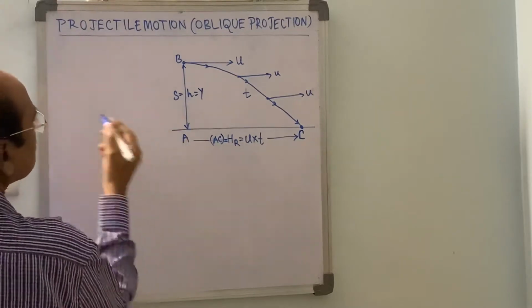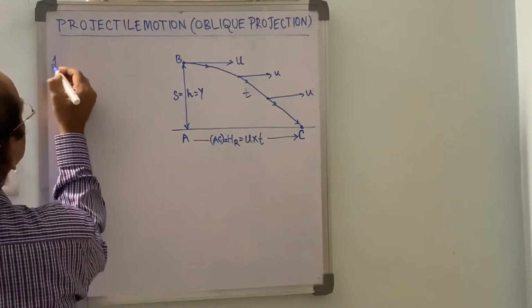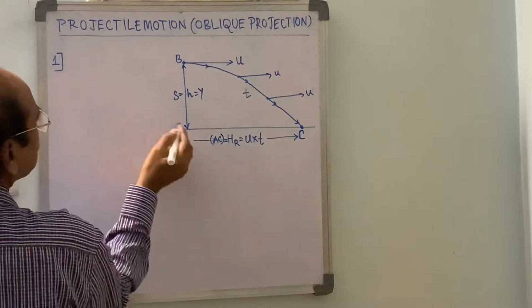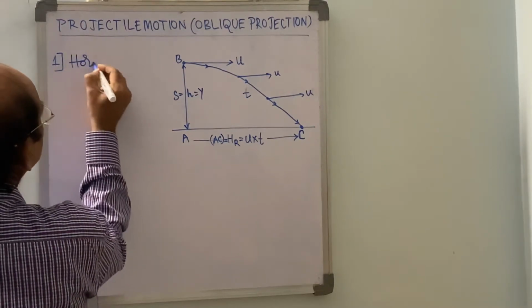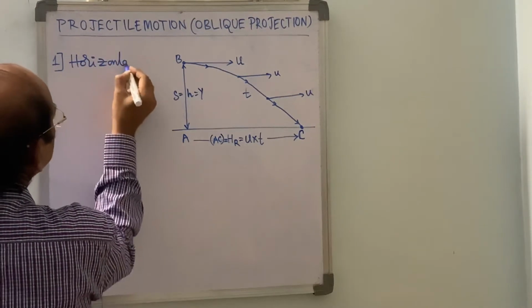So here in this case, horizontal distance, and vertical distance travelled by the projectile.